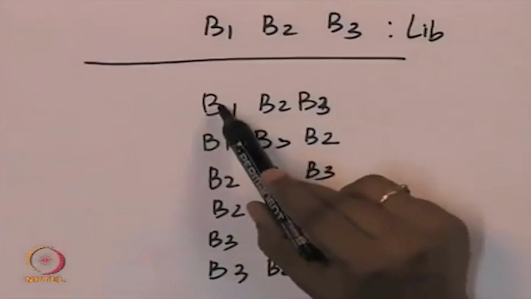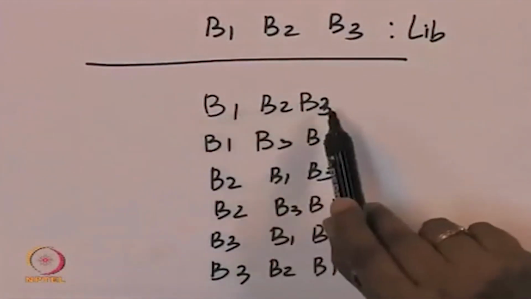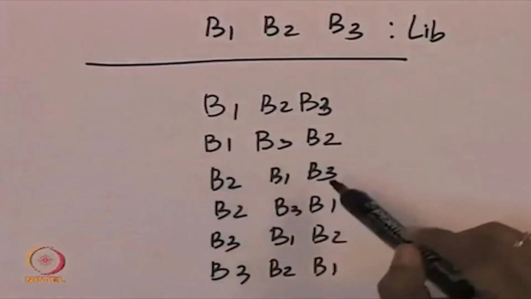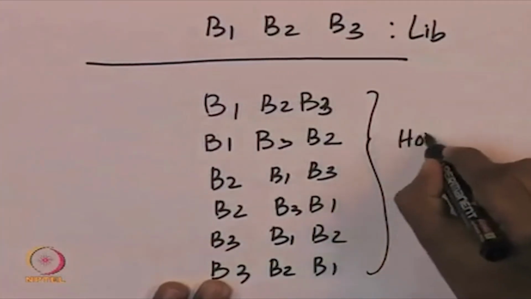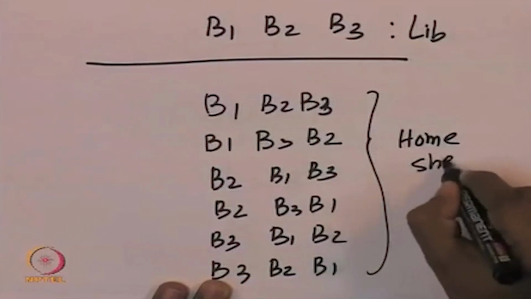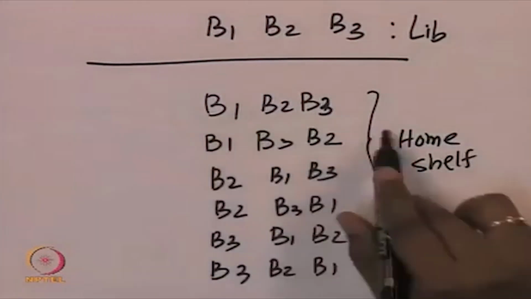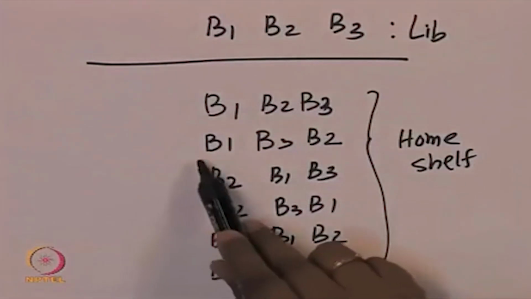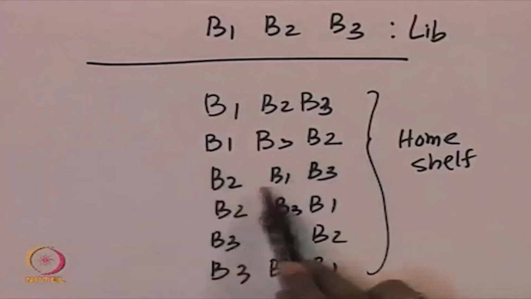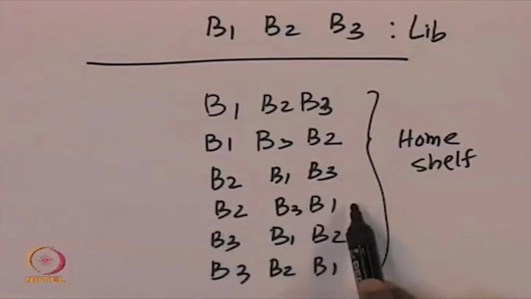So, all these possible arrangements are possible. We can arrange the books in this way, or this way, or this way. So, this is at home, the home shelf. The first day we might arrange in this way, but we take out all these books, and when we read and keep them back, one day it could be like this, another day like this, another day like this.